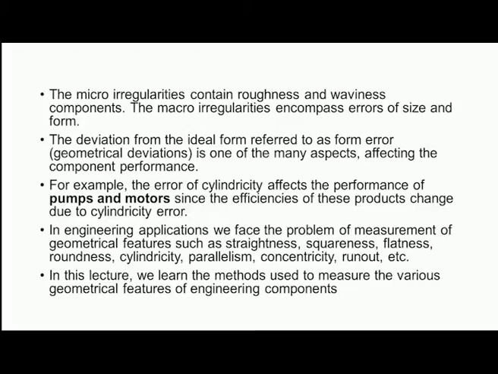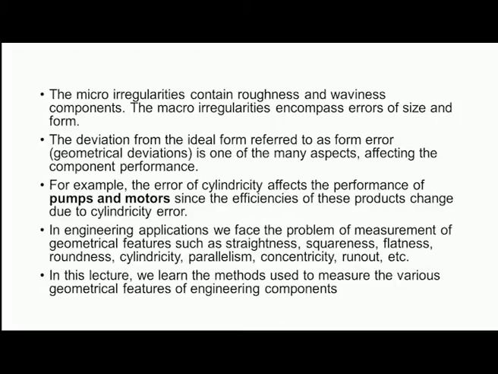The deviation from the ideal form, normally known as form error or geometrical deviation, is one of the many aspects affecting component performance. For example, errors of cylindricity on the pistons used in hydraulic motors and pumps affect the efficiency of the product.